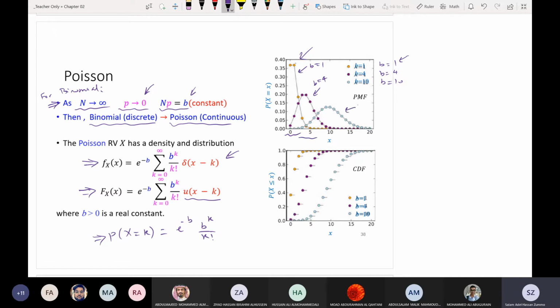While this is b equal 10, it is much wider and the peak is around b, which is 10. Basically, when we go to chapter 3, we will find that the average, the mean, of this is b. Similarly, the CDF is step functions, and this is again for b equal 1. You can see that it goes to 1 very quickly, and this is b equal 4, and this is b equal 10.